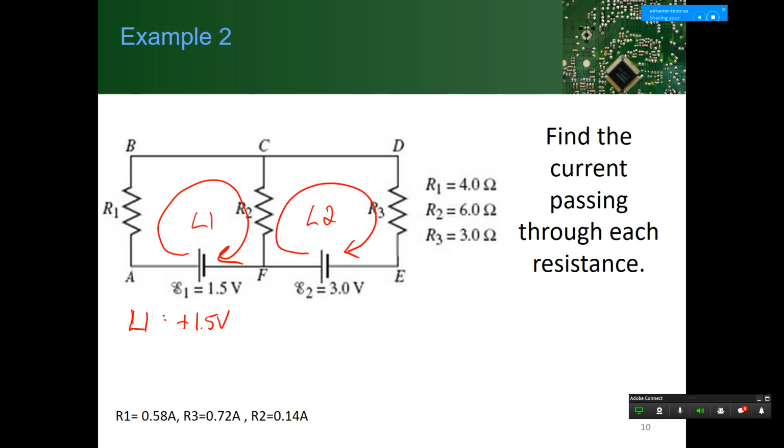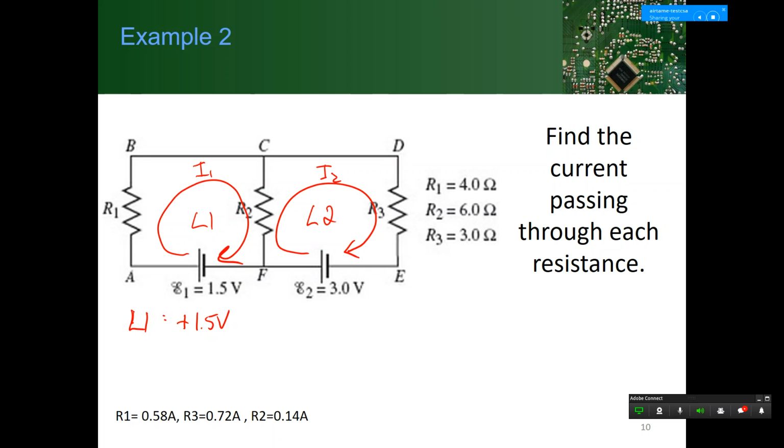And then there's a current that goes in this direction. This loop that I established is a current. So I'm going to call that current I1, because it's the current that goes through loop 1. And this is going to be I2 for the current that goes through loop 2.